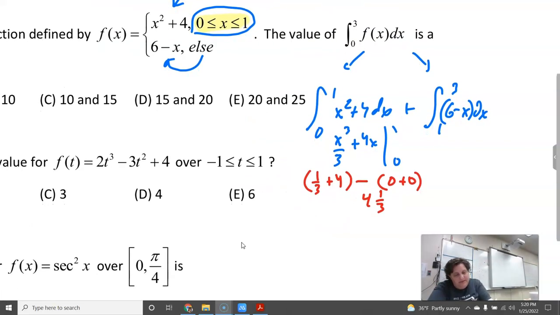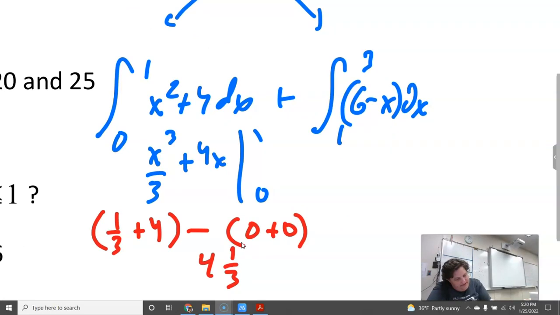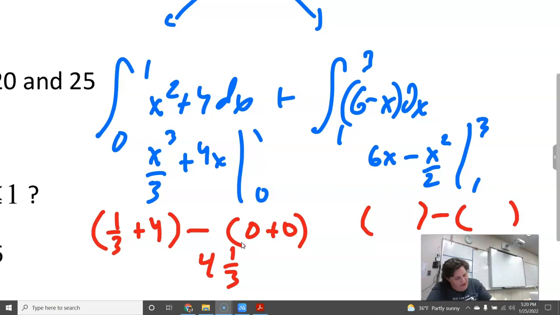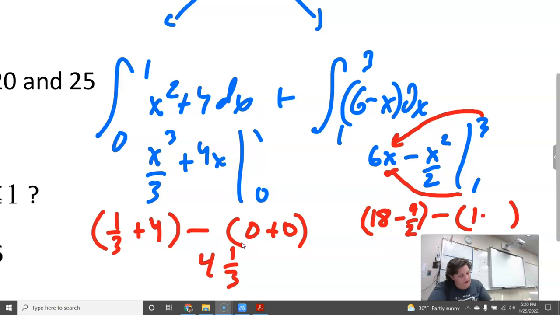Okay. Now, on this next side, all right, the integral of 6 is 6x. The integral of x is x squared over 2. And then I'm going to do top minus bottom. That's 18 minus 9 over 2. And then this is 1 minus 1/2.